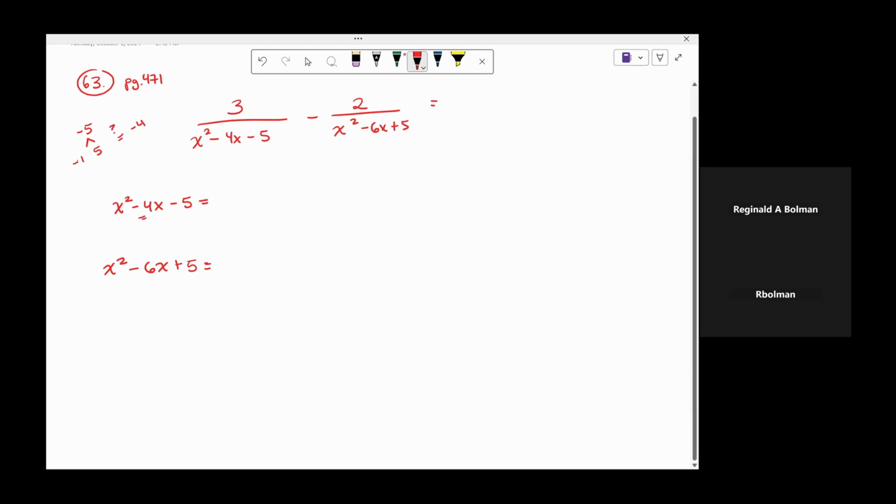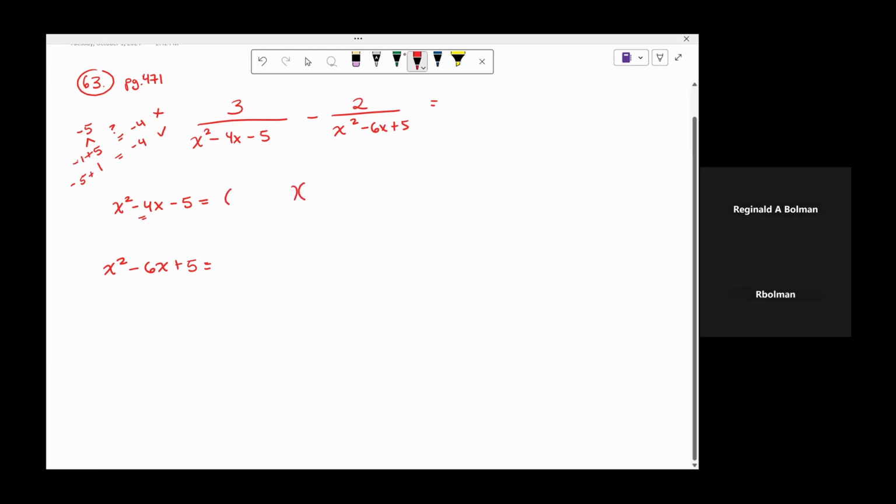And you're going to ask yourself, is it the case that -1 plus 5 equals -4? And no, that doesn't work because -1 plus 5 gives you just 4, not -4. So then you're going to check to see if -5 and 1 added together gives you -4.